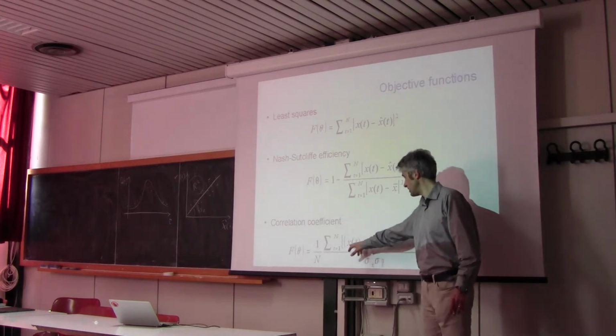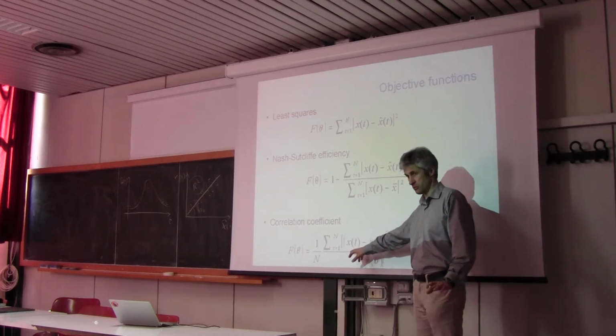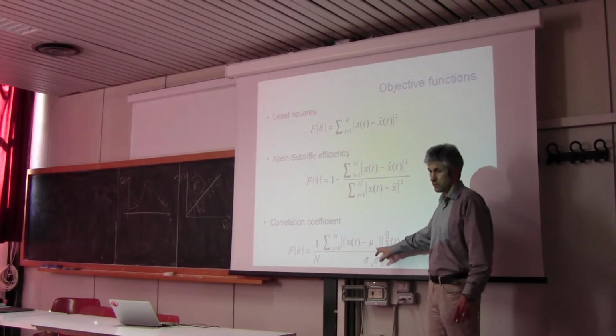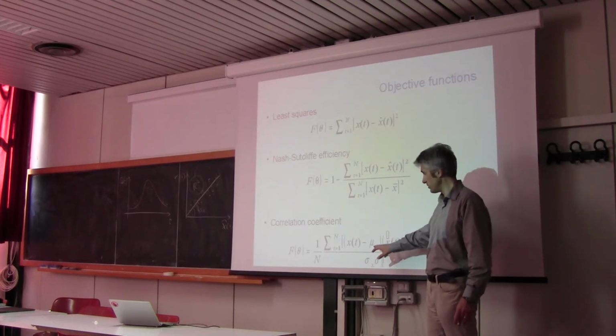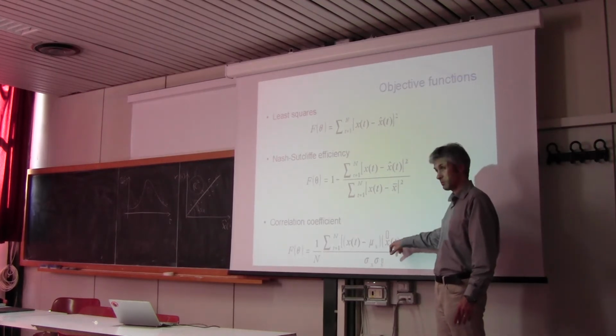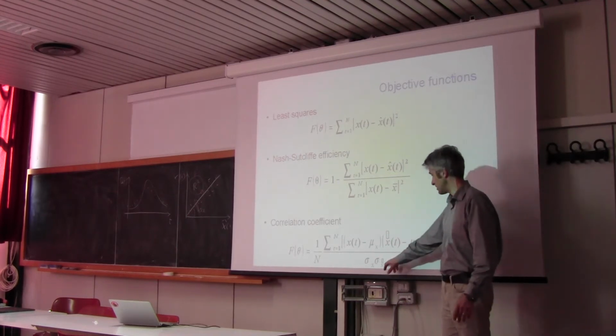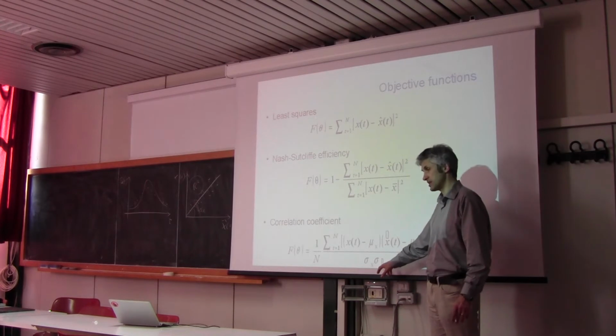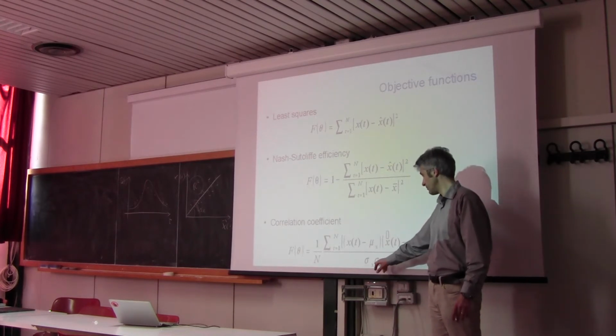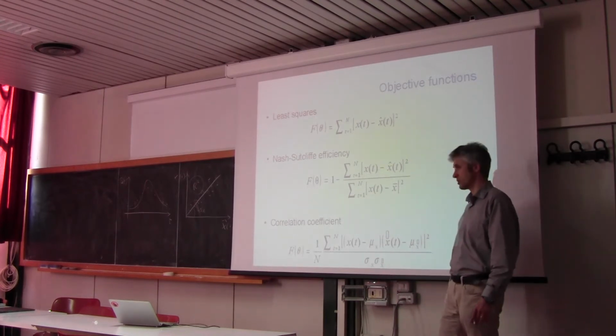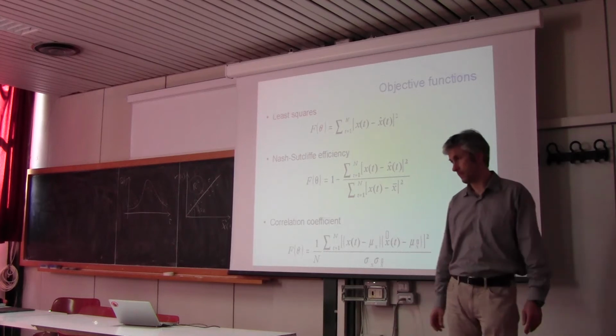So basically here you have the observation, observed, minus the mean of all the observed values, times simulation minus its mean. And at the denominator here you have the standard deviation of observation and standard deviation of simulations.